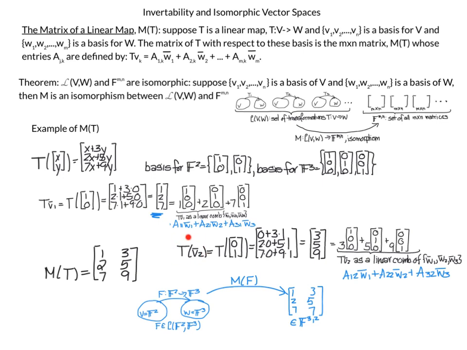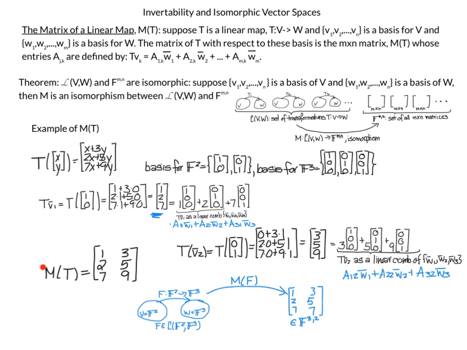Then we transformed our second basis vector, which is (0, 1). So T of (0, 1) gave us (3, 5, 9). Again, we can write it as a linear combination of the basis vectors in our new space. Because we know how this transformation performs on our two basis vectors, we know how it performs on any vector v in our vector space V, because any vector v can be written as a linear combination of our two basis vectors.